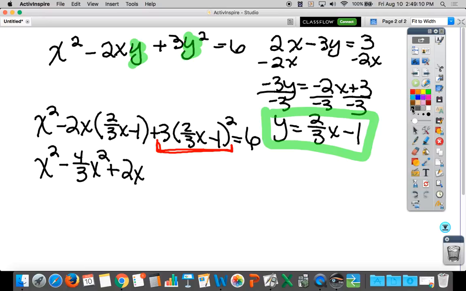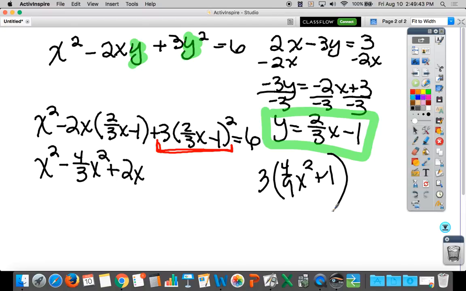What does it mean to square something? Multiply it by itself. So, if I did this, trying to square that 2/3 x minus 1, did I square it correctly? Because it says 2/3 x minus 1 squared.